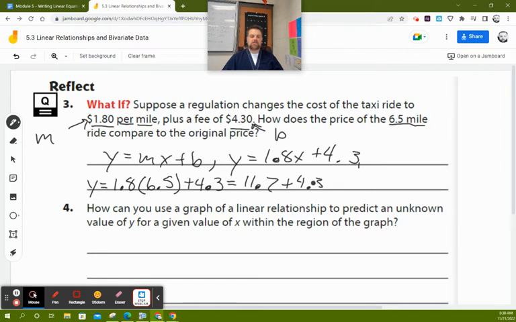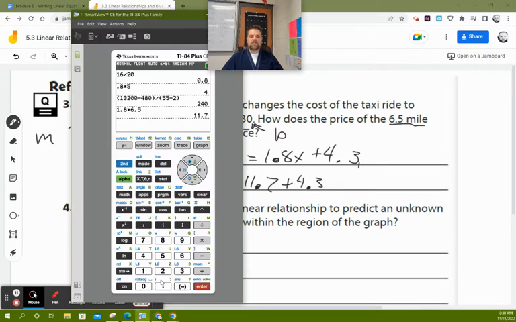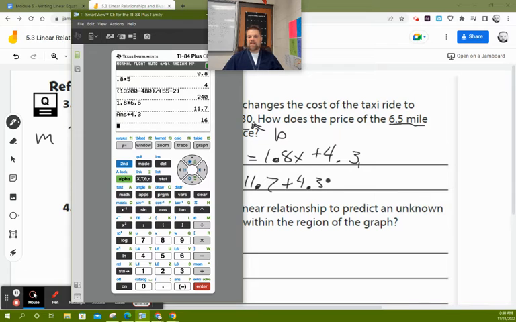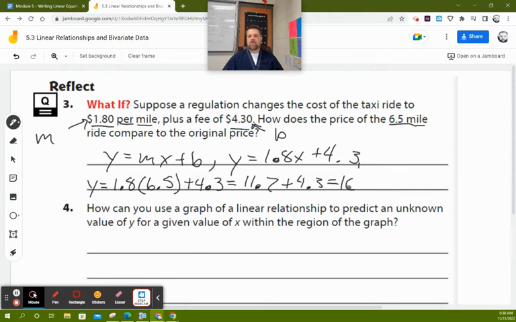What's that? If I add 4.3 to that. Yeah, it equals 16. So how did that compare to what we just did? It's the same price, right? In that particular case. Okay, because in the previous problem, we said it cost $16 to go 6.5 miles.